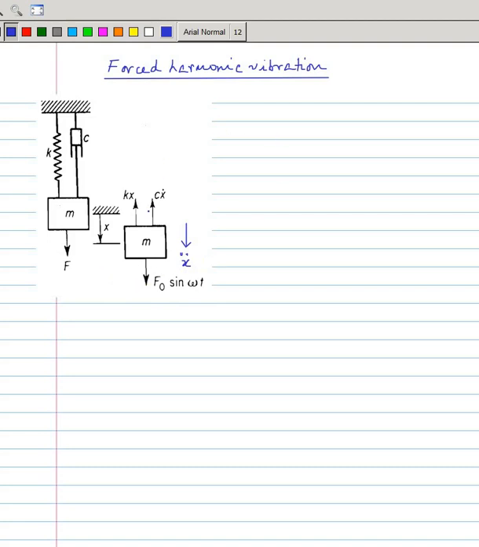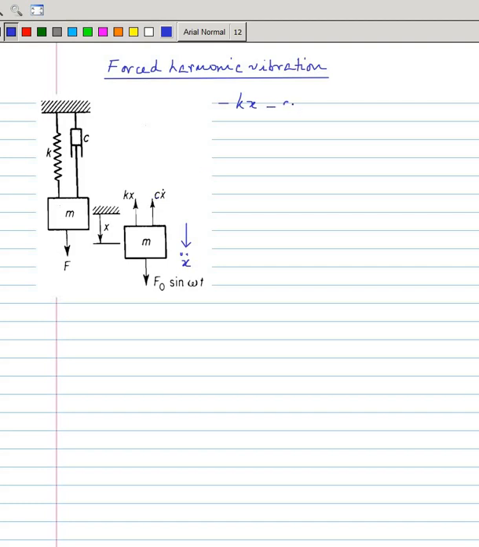And we start with the equation of motion. So if you see the forces, and right, and the downward direction is positive as usual. Here we consider viscous damping. That means damping is proportional to velocity, and the proportionality constant is c, the damping coefficient.